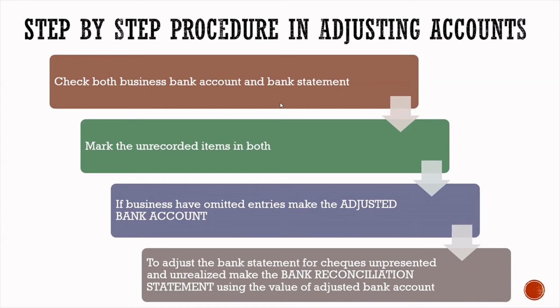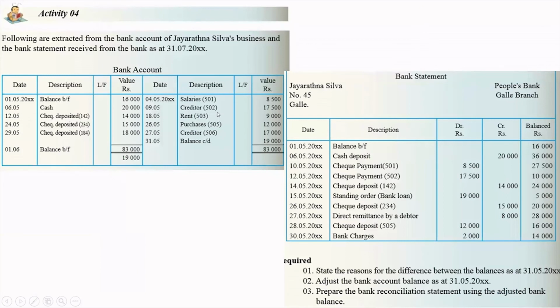We check the business account and bank statement, we mark the unrecorded items, we make the entries on the adjusted bank account, and from that balance only we are creating the bank reconciliation statement to get the same balance from the bank statement. Though my explanation might be a bit hard for you to understand, this example will clear out all your problems.